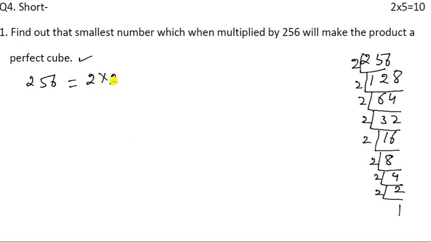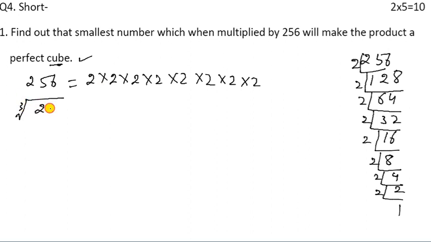Now 256. First of all, do the prime factorization. 256 divided by 2. 2 1s are 2, 2 2s are 4, and 2 8s are 16. Once again 2, 2 6s are 12 and 2 4s are 8. Once again by 2, 2 16s are 32. Once again by 2 it is 16, again 2, 2 8s, 2 4s, 2 2s, and once again 2, that is 1.